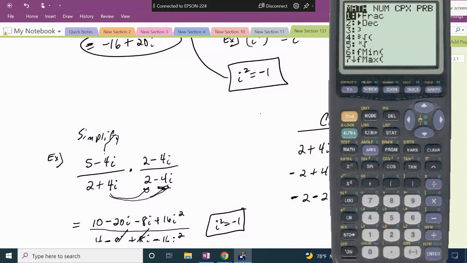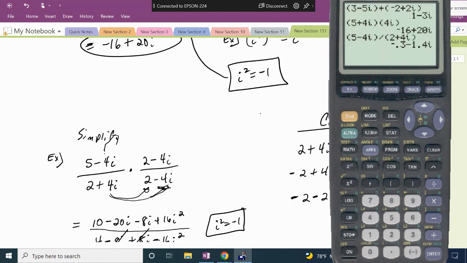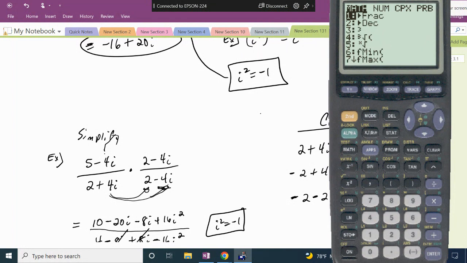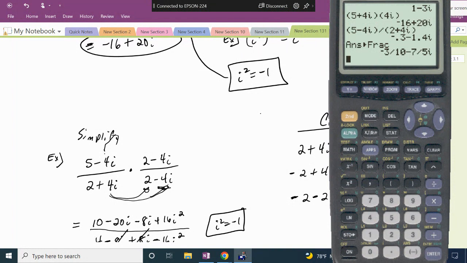And the calculator is freezing. So I'm going to try that again. I hit it once, I hit it again, and we have -3/10 minus 7/5 i.